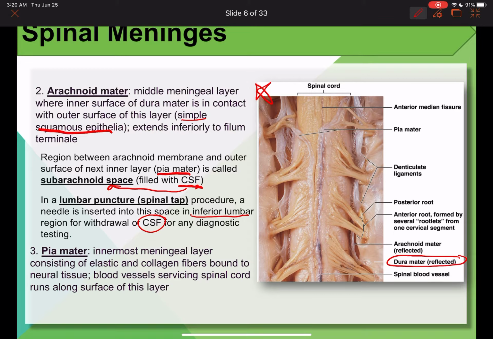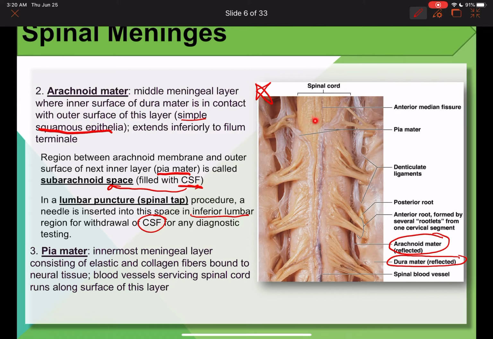They cut down the middle and peel that layer away, and then they cut down the next layer and peel it away, which is arachnoid mater, and they say it's reflected, which is right here. They peel that layer away here, and then they left that last layer, which is the pia mater, partially attached to the spinal cord. So you can really see those 3 layers of dura mater, arachnoid mater, and then pia mater.